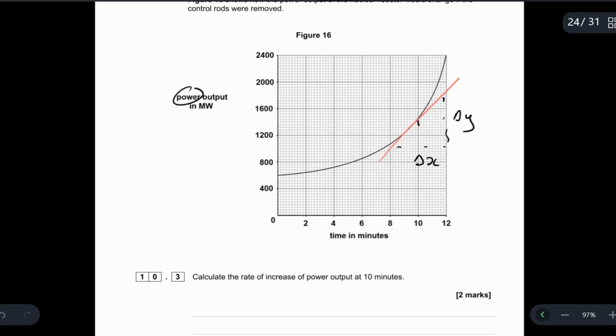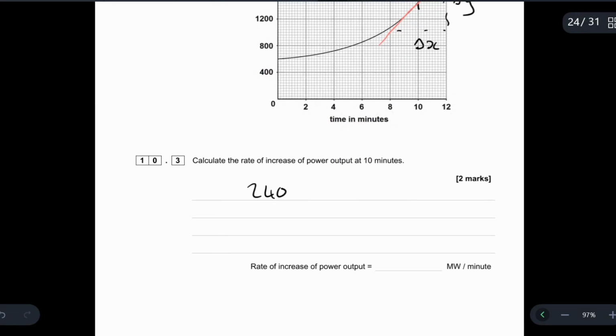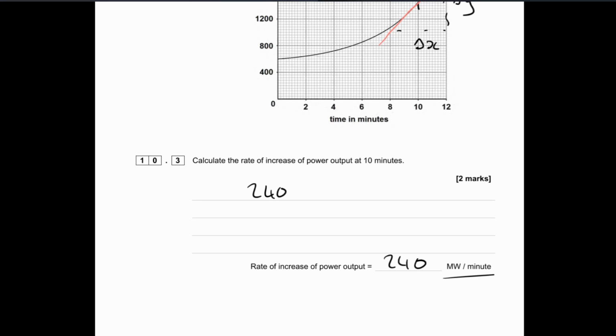You divide the difference in y by the difference in x, and that gives you your gradient. And if you go ahead and do all of that, you should get something between 240 and 276. So I'm just going to pick 240, and it's giving you the units here. 240 megawatts per minute. Okay.